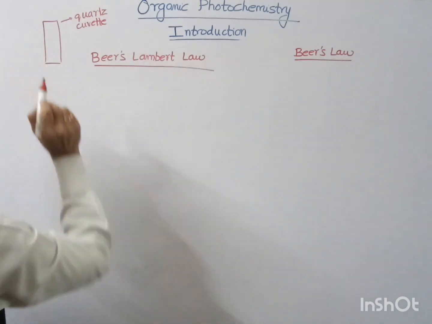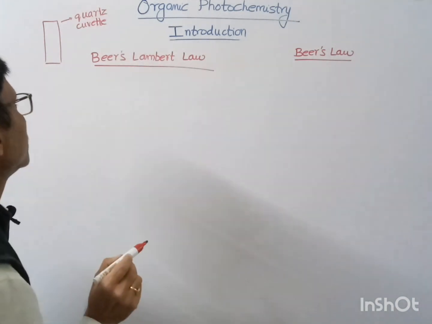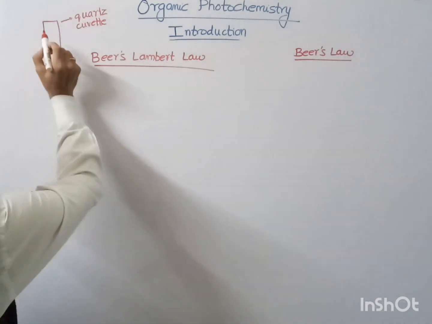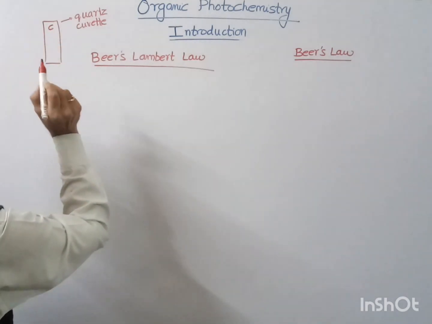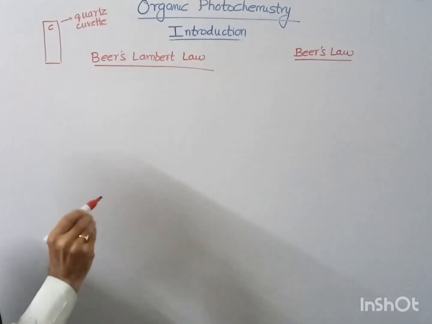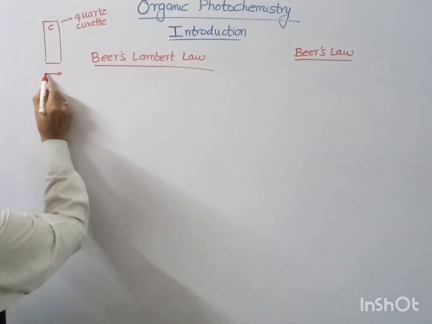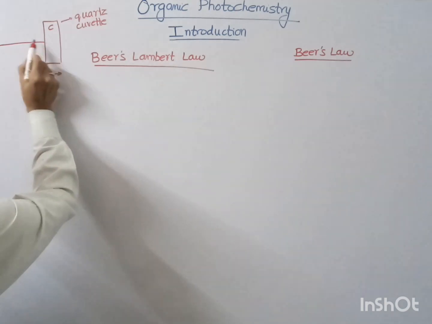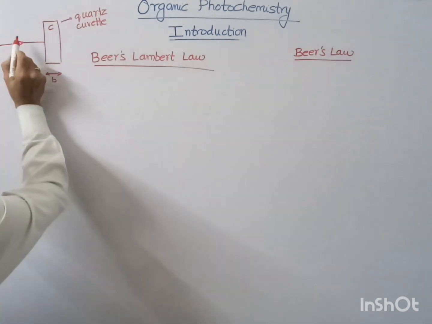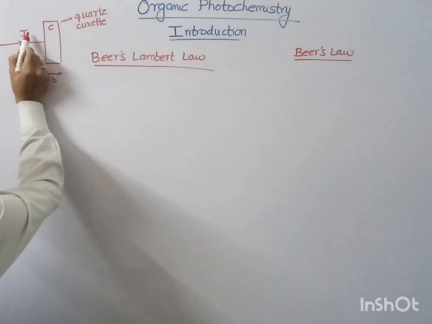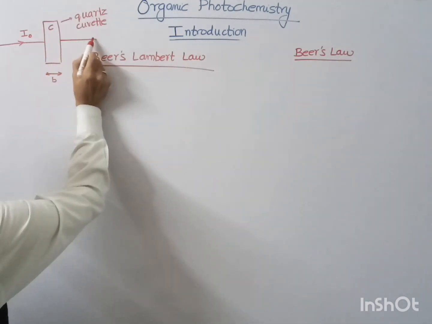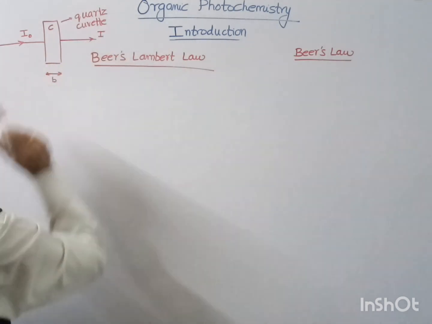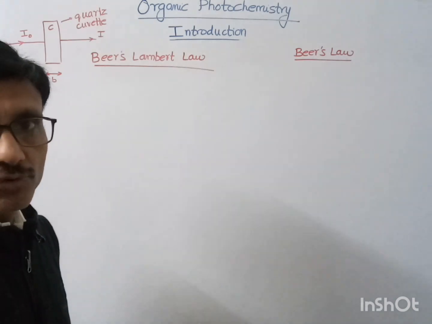Suppose this quartz cuvette contains a sample solution having the concentration C, and the total length of this sample cell is, suppose, b. A beam of monochromatic or incident light falls on it, the intensity of the incident light is I0, and the intensity of the transmitted light is, suppose, I. Then what would be the intensity of absorbed light?